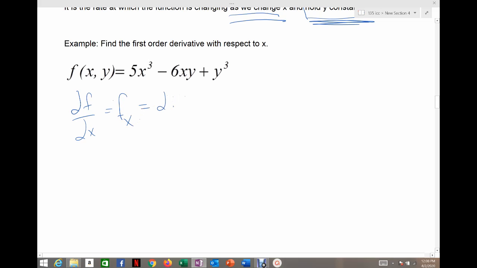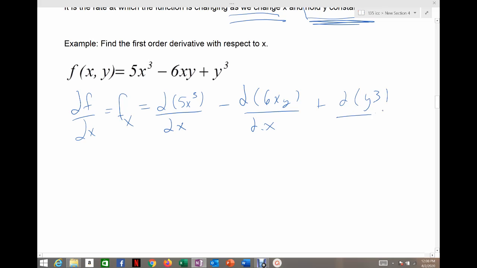So again, the change in my function, 5x cubed, with respect to the change in x, minus the change in my 6xy with respect to x, plus the change in y cubed with respect to the change in x.